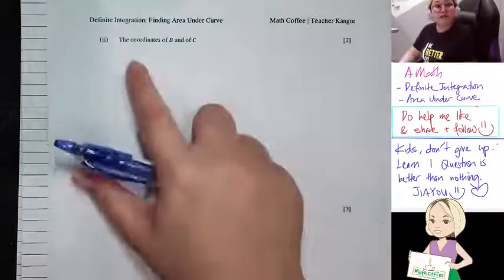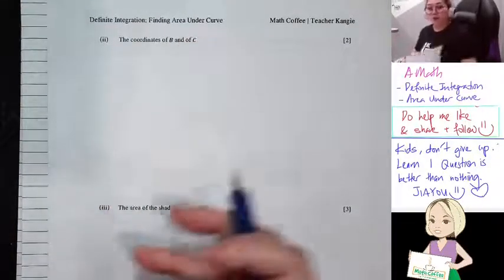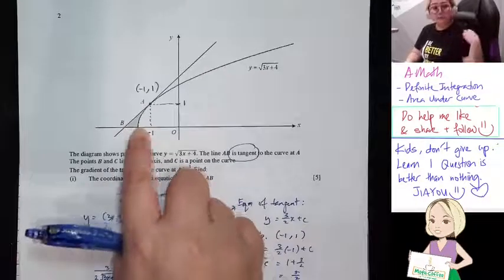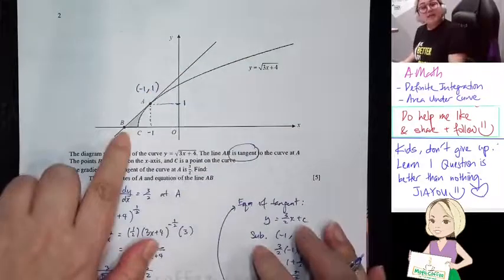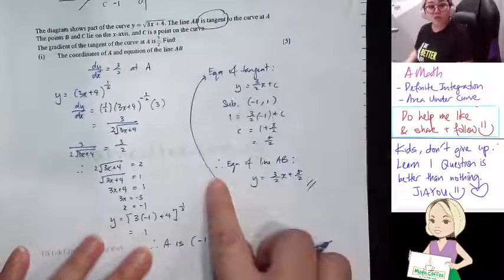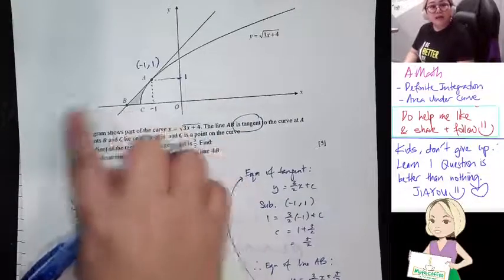Now, they ask us to find the coordinates B and C. So now let's go back to the graph and let's see. B and C. Let's take a look at B. B is on the line, which just now we already found. The equation of the line is here. Okay? And B cuts the x-axis.